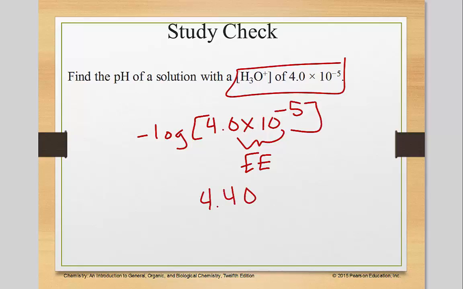Notice in both scenarios, they gave you H3O plus, because remember, pH is derived from H3O. So if they happen to give you an OH minus here, this is important. If they give you OH minus, you have to go back, figure out the concentration of H3O plus, and then figure out the pH. Keep that in mind. That's one way that a lot of early students get tricked.